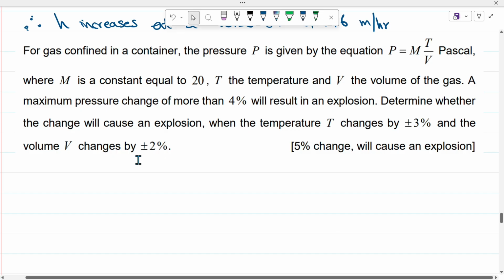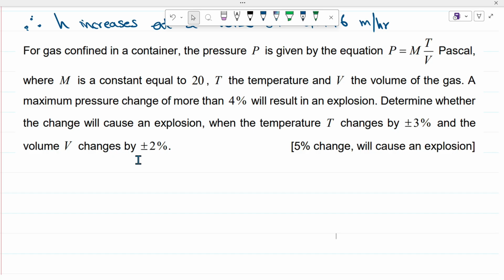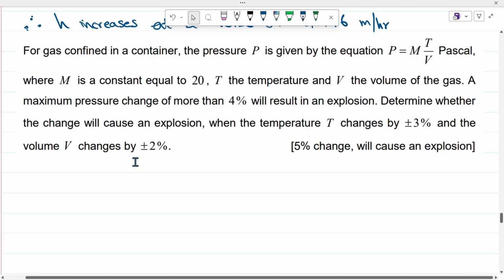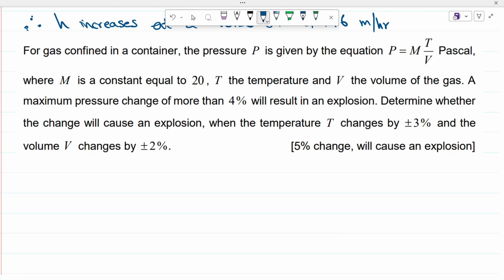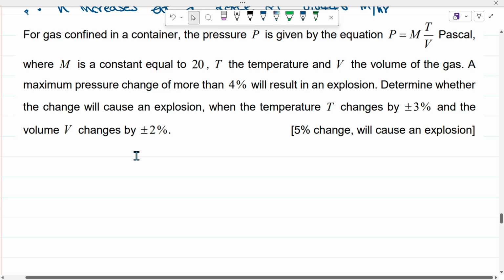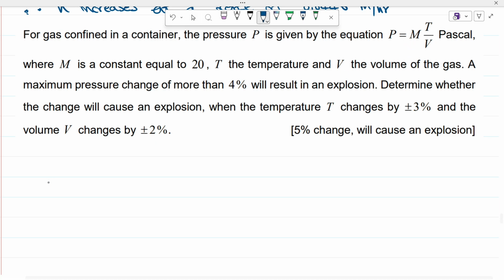So let's calculate the percentage change in pressure and see if it will be greater than or less than 4%, so that we can see whether there will be an explosion or not. Let's start differentiating partially like always. Remember that m is a constant, guys.